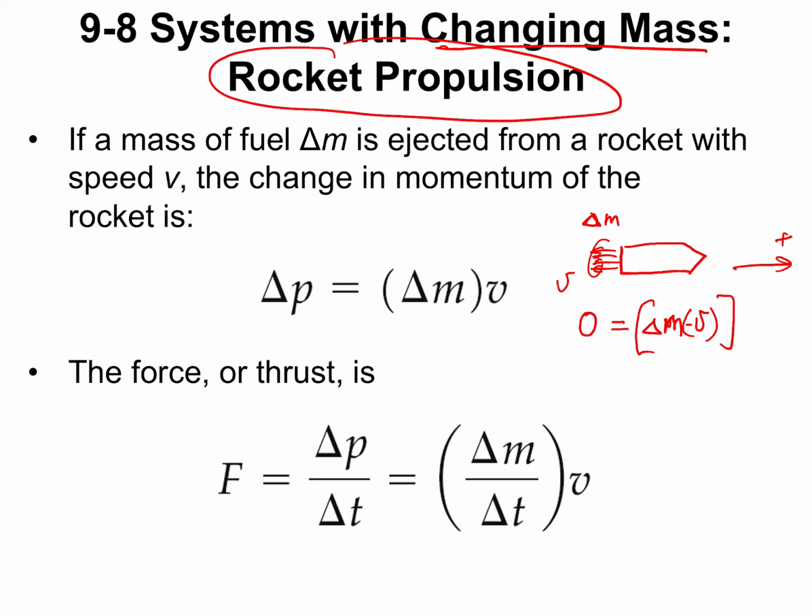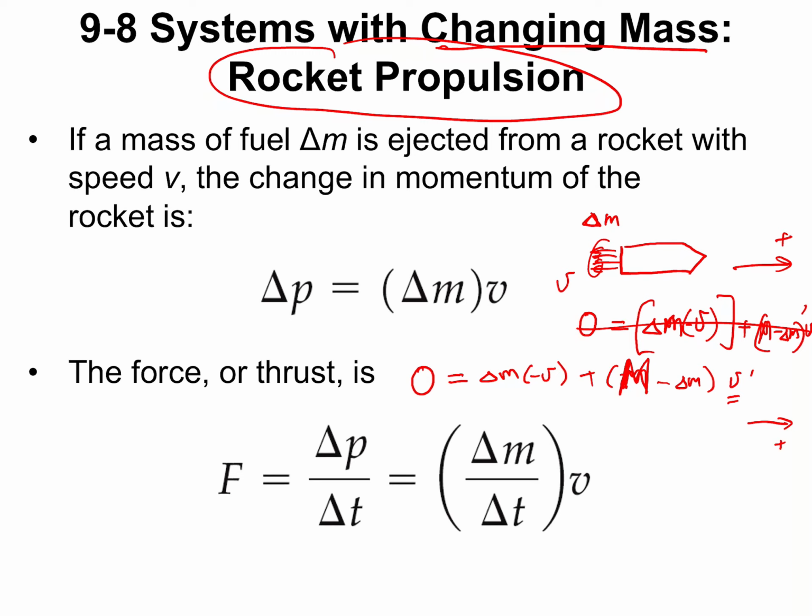Plus the rocket, M minus delta m, with v prime forward. Definitely the v prime will be in the positive direction, right?